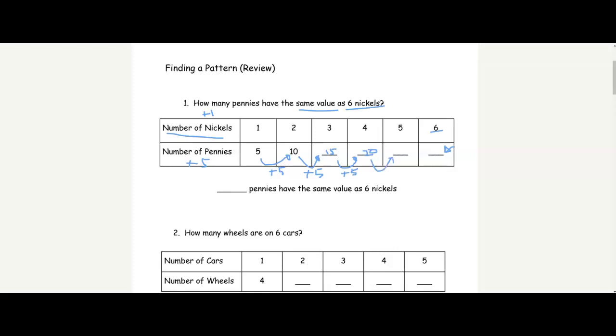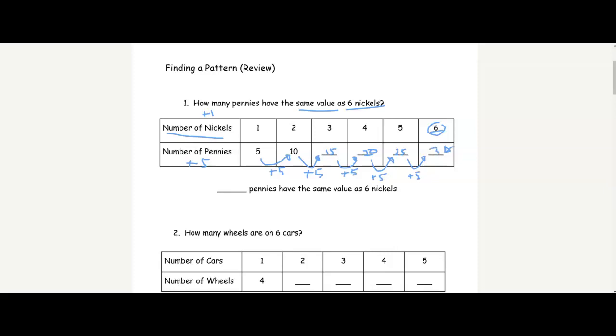Sorry guys, that wasn't the best looking number, but 25 is what 20 plus 5 is. And then lastly, for 6 nickels, there are plus 5, 25 plus 5. What's 25 plus 5?